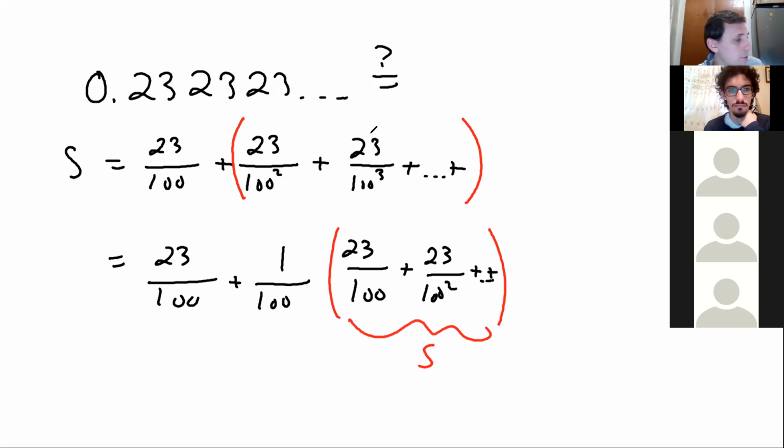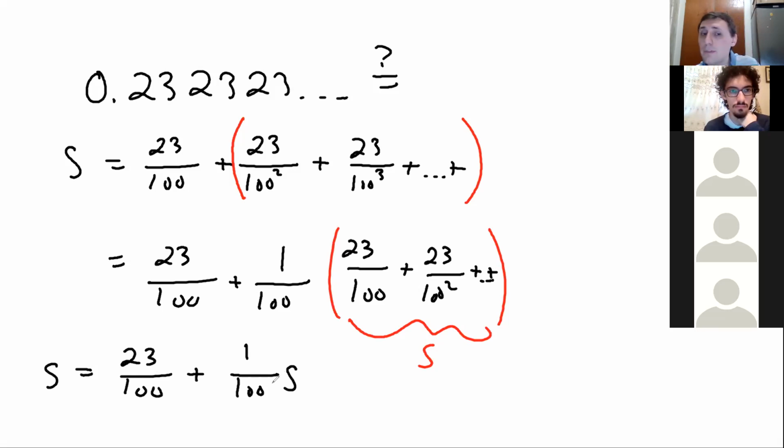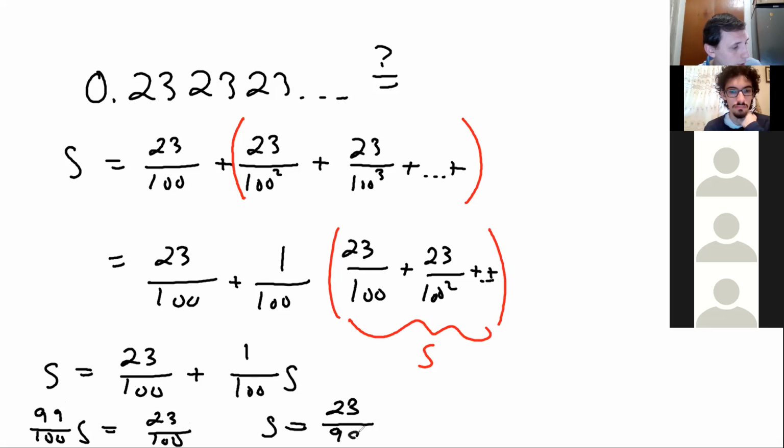So look at it. What happens now is that we have S equals 23 over 100 plus 1 over 100 S. And then if you move it across, S minus 100th part of it is 99 over 100 S equals 23 over 100, which makes S equal to 23 over 99.